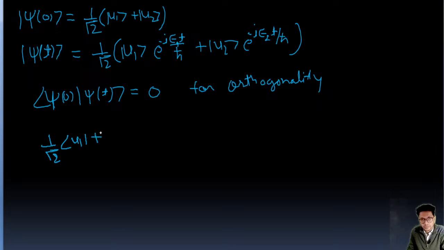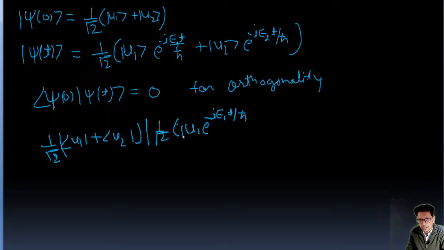This will get operated with this one, 1 upon root 2 [u1 e to the power minus iota e1t upon ħ plus u2 e to the power minus iota e2t upon ħ].